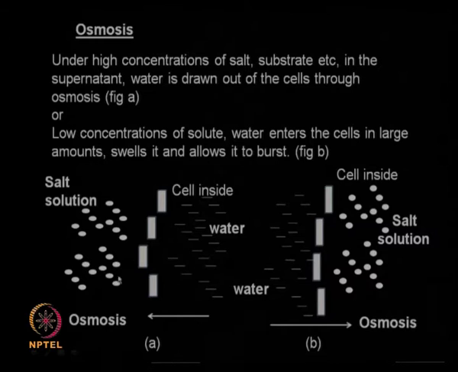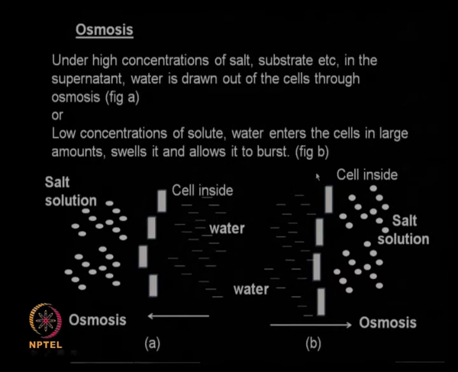So if you create this type of difference in pressure, suddenly the water will try to come out of the cells because of the pressure, so the cells can break. That means the water is drawn out of the cells through osmosis.